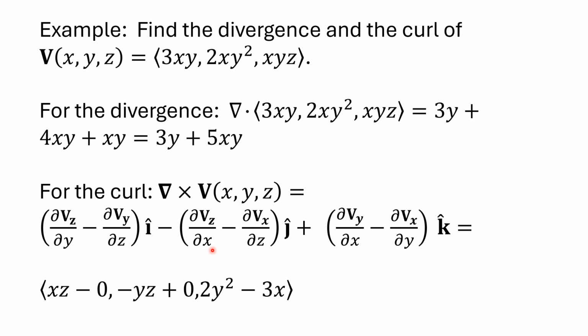I'm going to have the partial with respect to x of Vz, that's going to be minus, y z, and the partial with respect to z of Vx is going to give me 0. The partial with respect to x of Vy is going to give me 2y squared, and the partial with respect to y of Vx is going to give me negative 3x. So I'm going to get a nice little vector.